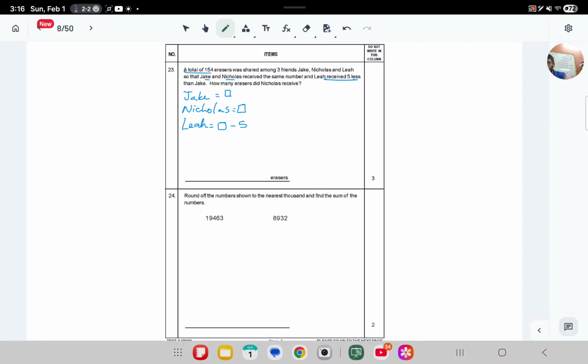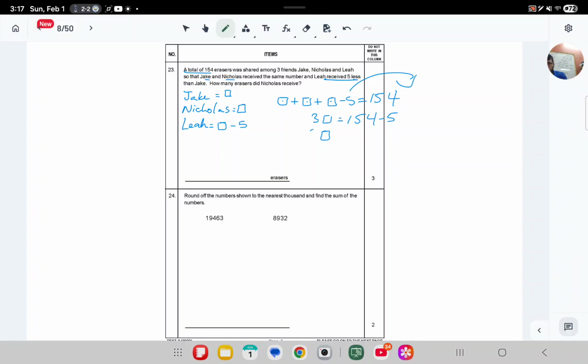So take away that. So we know now when we add Jake's amount to Nicholas's amount to Leah's amount, you're supposed to get a total of 154. We know now 1 box add 1 box add 1 box is 3 boxes is equal to, and we carry across on the side there, the 154. Take away the 5.